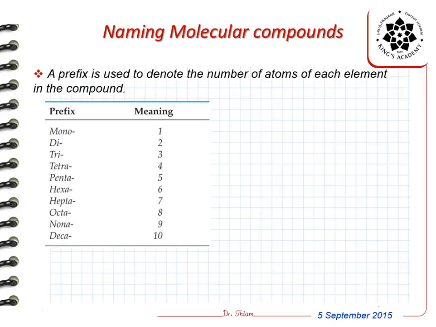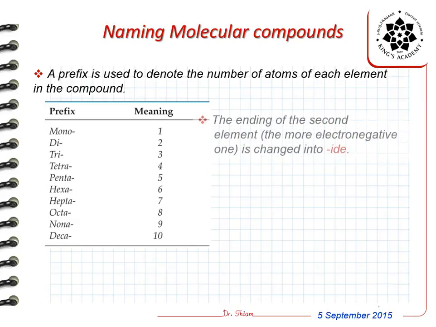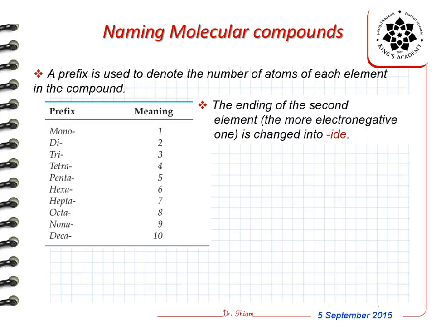For that, we use prefixes that are indicated in this table: mono, di, tri, etc. The ones that we are interested in will have two different elements. The ending of the second element, which is the more electronegative one always, will be changed into IDE.